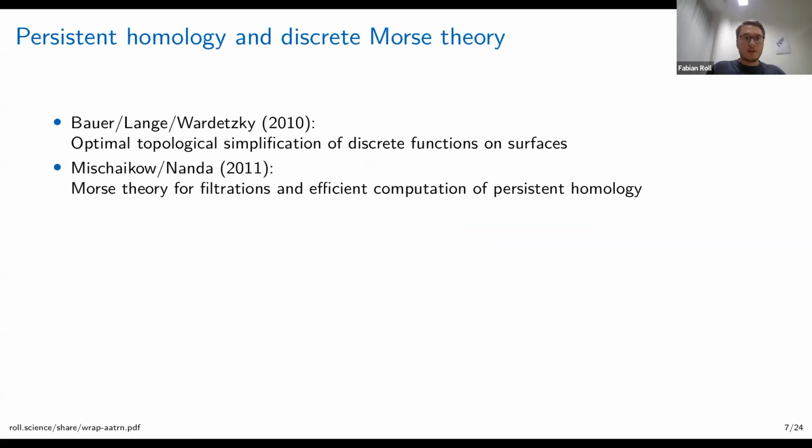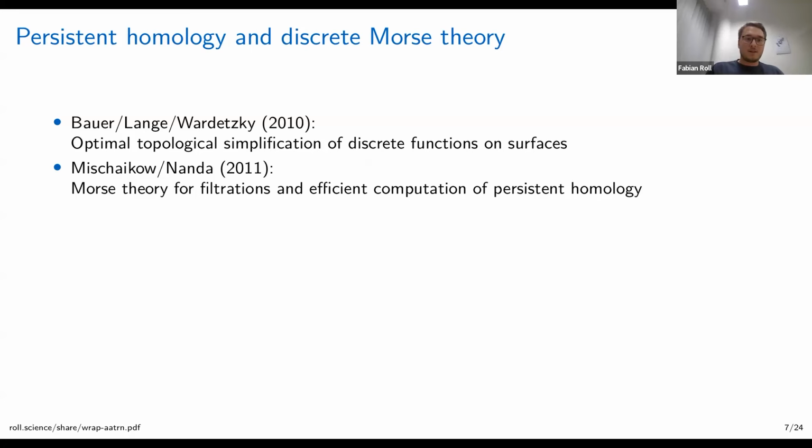Okay, so what about connections between persistence and discrete Morse theory? On this slide, I want to give you some selected references, which you will be able to tell is very biased, but I want to go through them still very quickly.